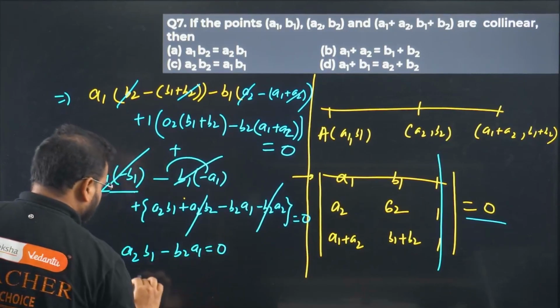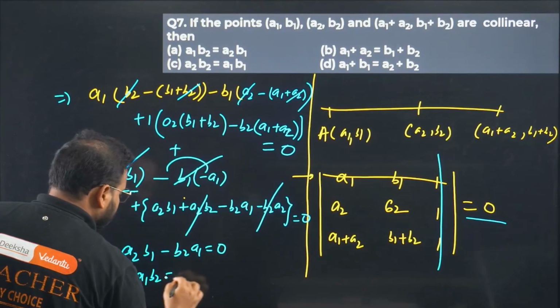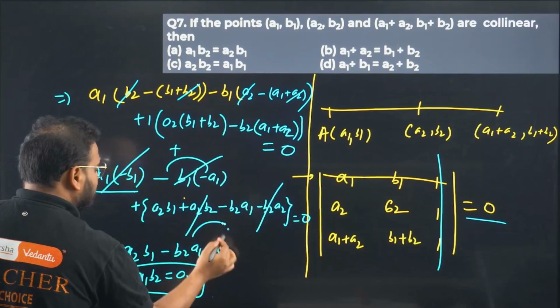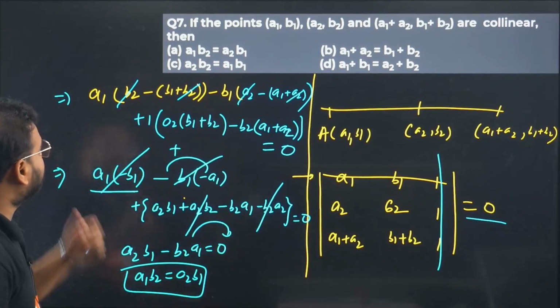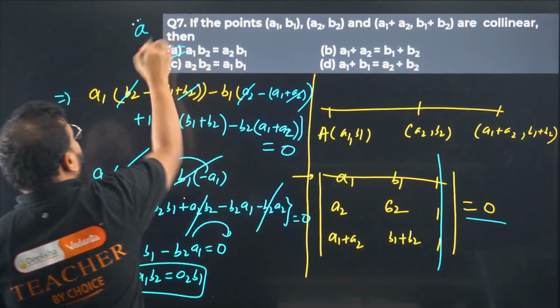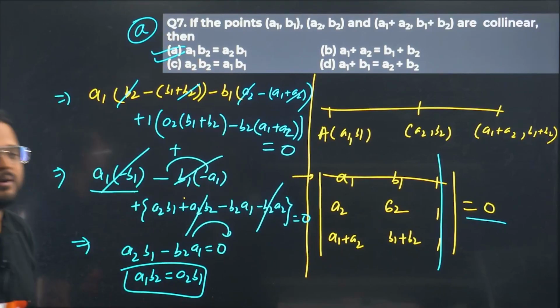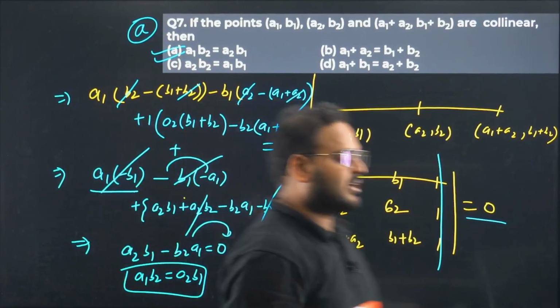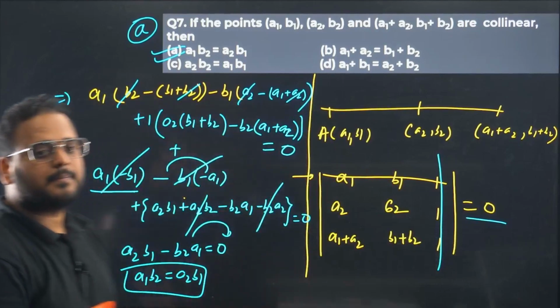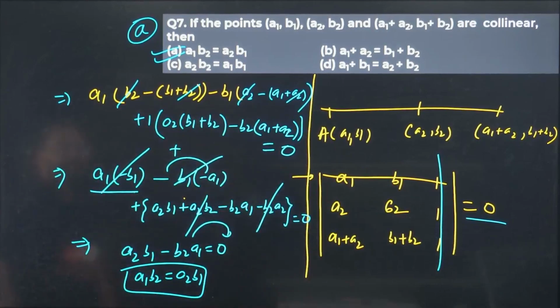From here you are getting A1B2 equals A2B1. How come, sir? Move to this side. The answer is A1B2 equals A2B1. Option A. Have a look. For question number 7, the correct option is A. Got it? Clear? 7th is done. Question number 8 now. Alright.